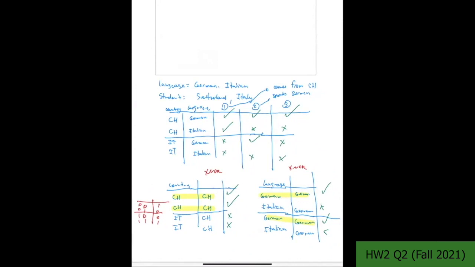If you assume that true is going to be encoded with 0 and false is going to be encoded with 1, then let's say Switzerland is encoded with 0 and Italy is encoded with 1.